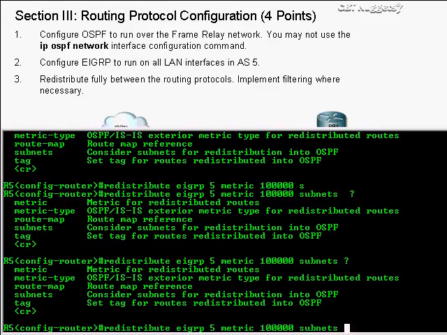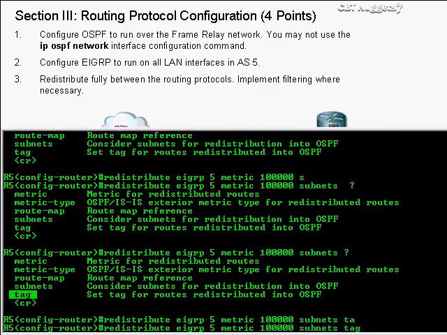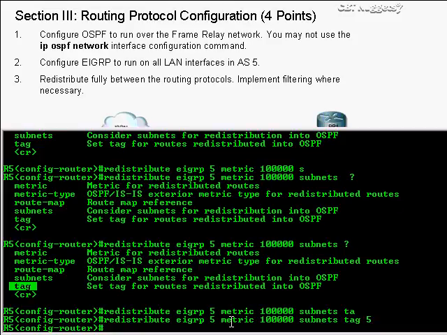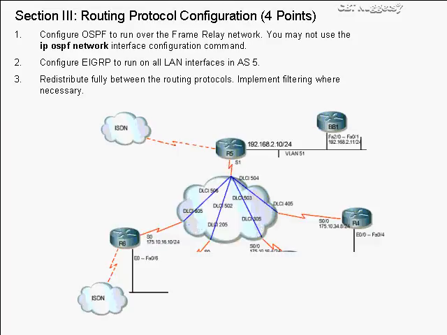Now, if you watched the OSPF nuggets, you'll notice that I always use tags when I'm redistributing into OSPF, and this is going to be no exception. I'm going to type in tag followed by, I'll just say 5. That way, all of the EIGRP routes, as they're redistributed into the OSPF domain, all have this little coloring crayon of 5 on them.